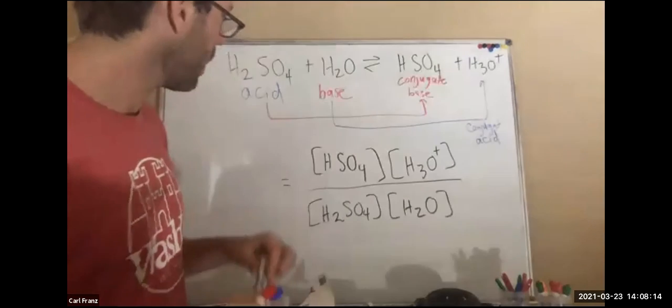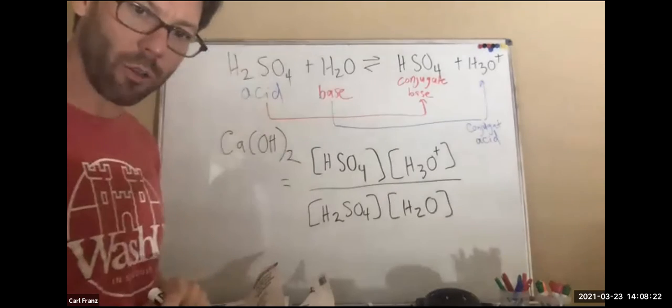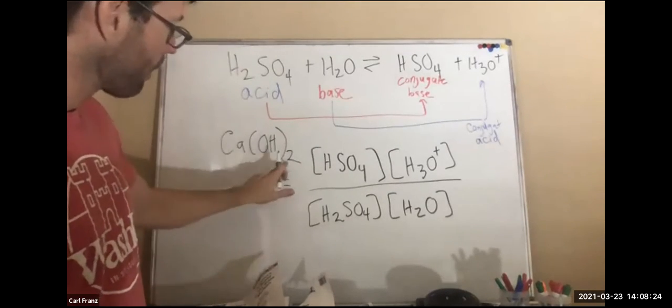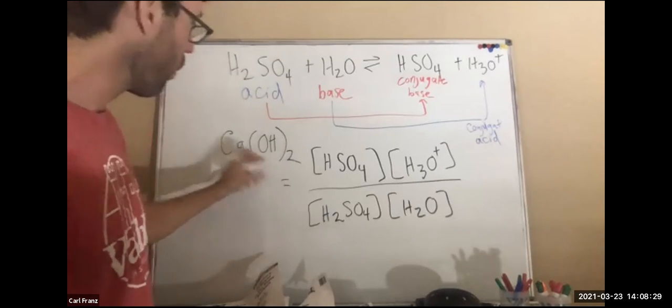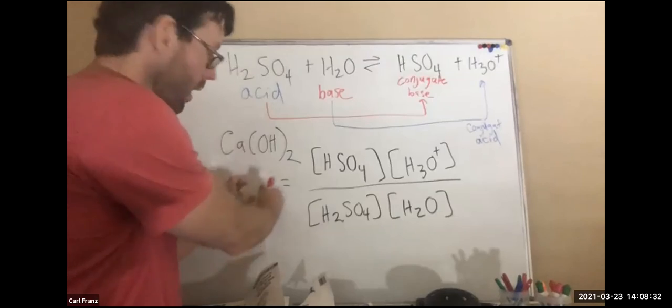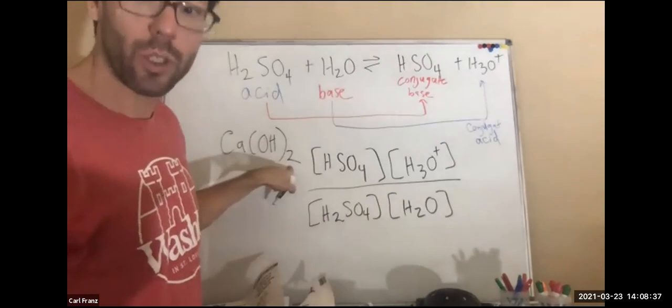Wasn't there one problem that we were going over in our homework where we did have to multiply the hydronium concentration by 2 because of how it dissociated or something? Yeah, I believe it was calcium, it was a base, but yes, if you have calcium hydroxide, because you have essentially 2 hydroxide ions, once this dissociates into calcium and hydroxide, because of that 2 there, you would multiply it by 2.